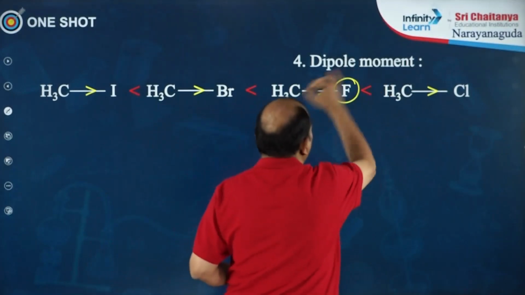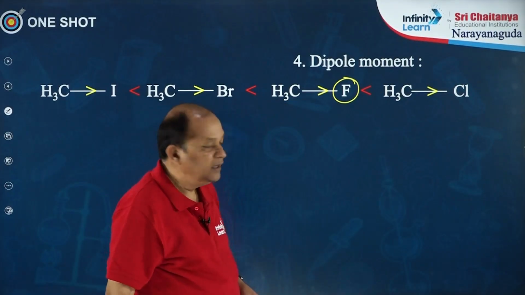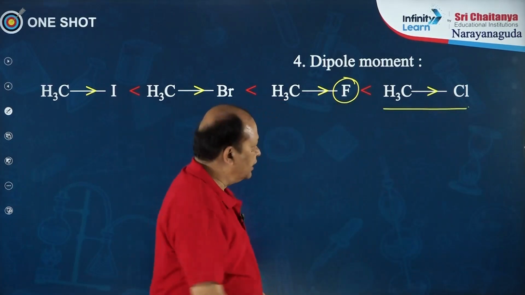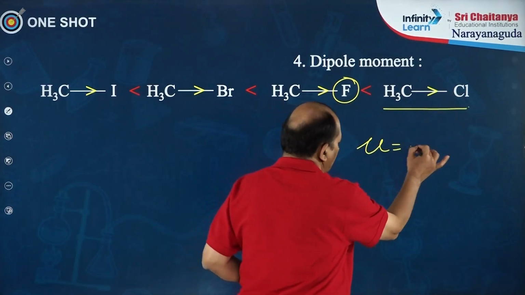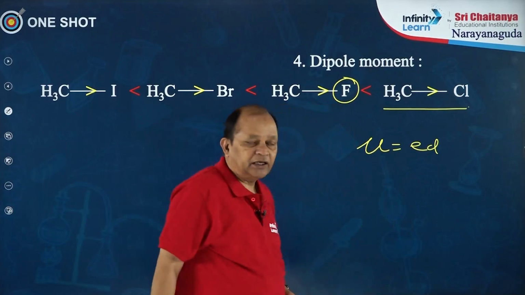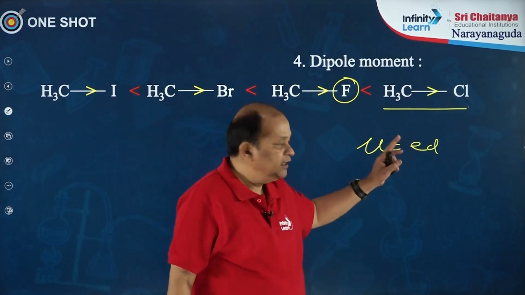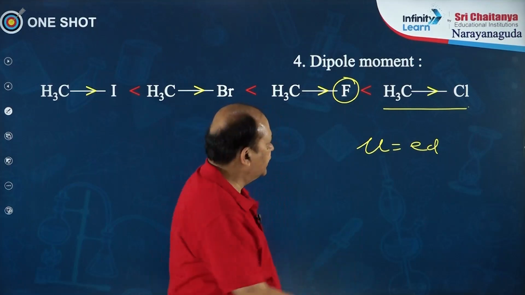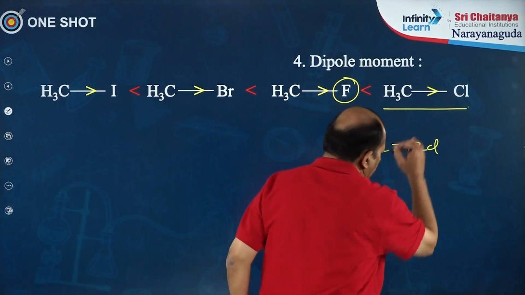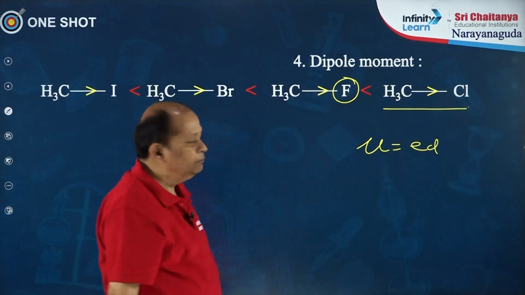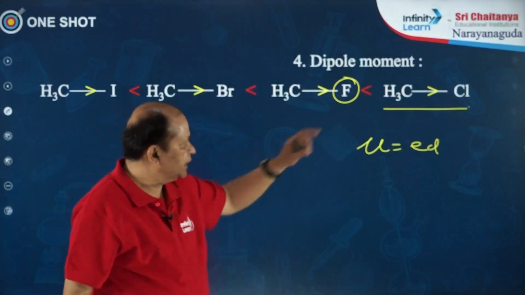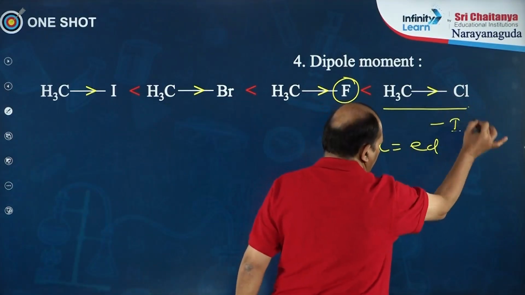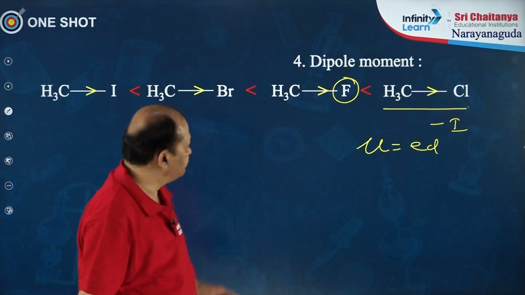Though fluorine is more electronegative than chlorine, the dipole moment of methyl chloride is more, because dipole moment is the product of the charge developed and the distance between the two atoms, that is mu equals E d. Because the distance is more, the overall mu value is higher for methyl chloride. So here the electron withdrawing capacity, that is the minus I effect of the halogen, is the factor.